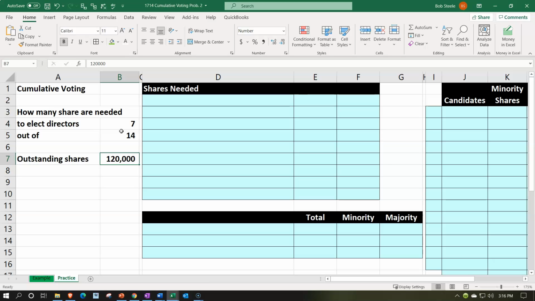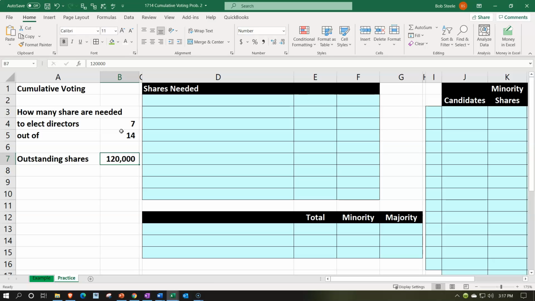The general rule for cumulative voting is that we, as the shareholders, the owners, get to vote for the board of directors. The board of directors are the people who hire top management, and top management then controls the ongoing day-to-day operations of the company. So if we have 120,000 shares, whoever owns the shares has the voting power.